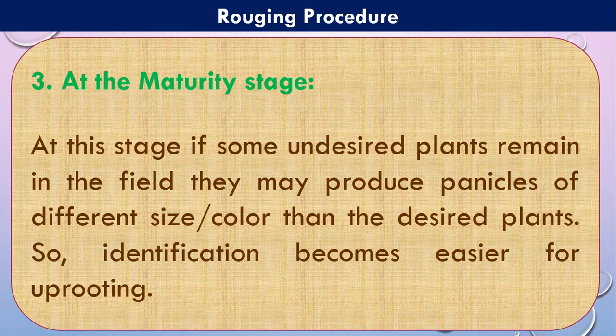For example, if our desired rice variety is aromatic rice and there is any normal rice present, we can understand it when the panicle is coming. So we have to remove that first. Lastly, at this stage, undesired plants remaining in the field may produce panicles of different size and color than the desired plants, so identification becomes easier for uprooting.